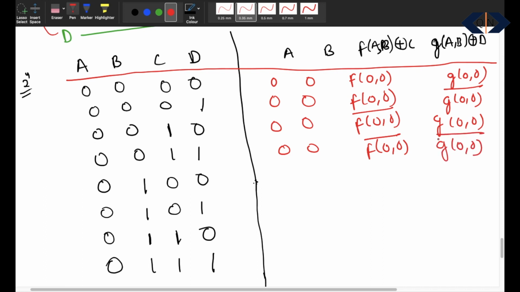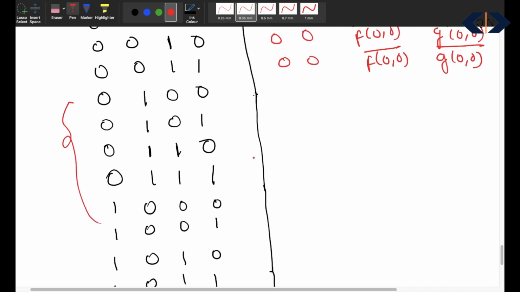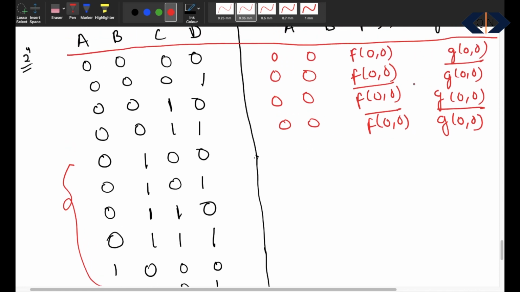So I hope I have filled the first 4. You can fill the rest; it will be quicker. I will fill it quickly, and you can also try it. Yeah, I hope you got the understanding of how XOR of 0 and 1 is working with the function.